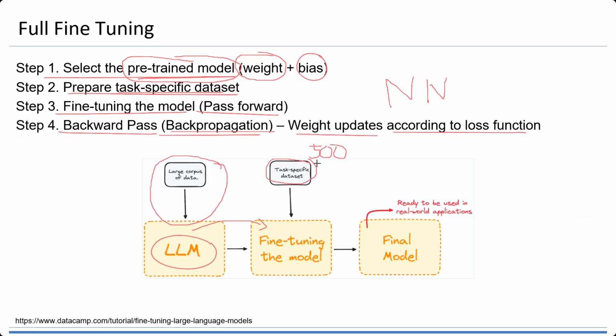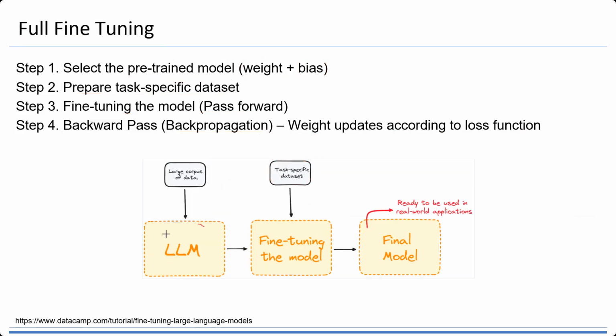Yeah, you can try. With these 500 data, you can fine tune the existing LLM. After you fine tune it, you can use this model to predict something. You can do text classification, sentiment analysis, text summarization, and so on.